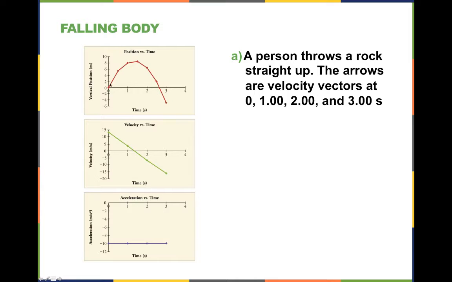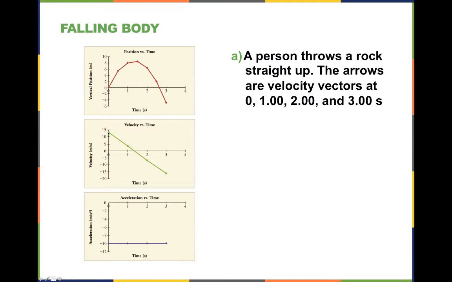The length of the vector is the magnitude. So it's longer initially, then acceleration is working against it, or gravity is working against it, so it gets shorter and shorter until it reaches the top, and then it begins to get longer and longer again.